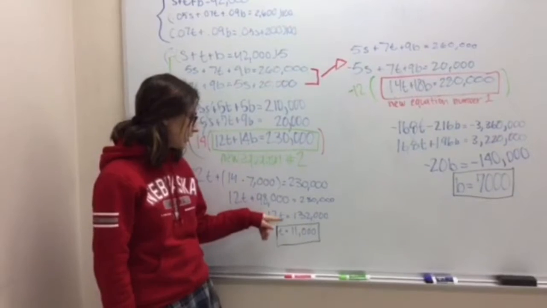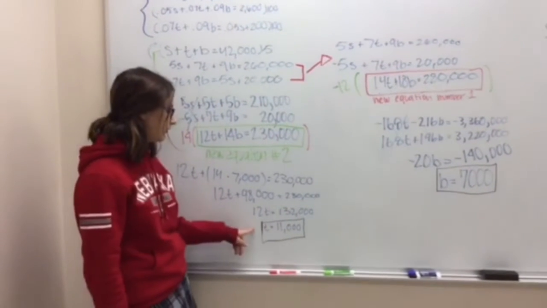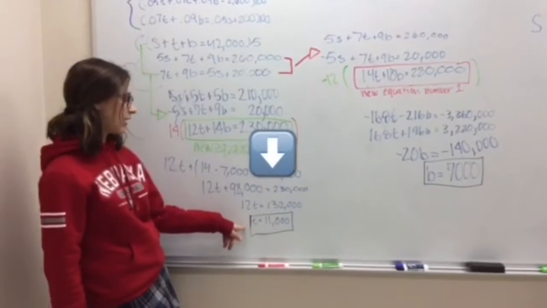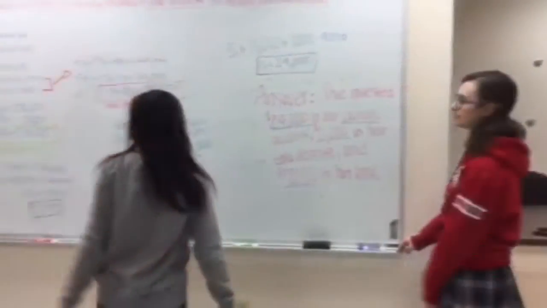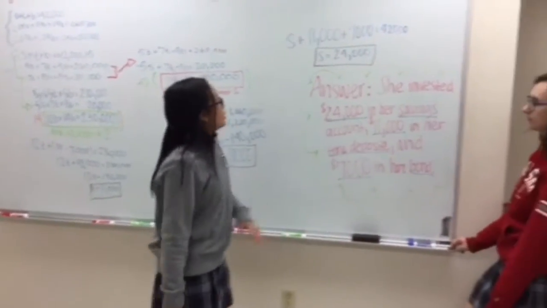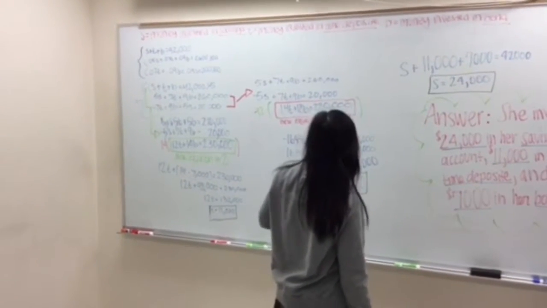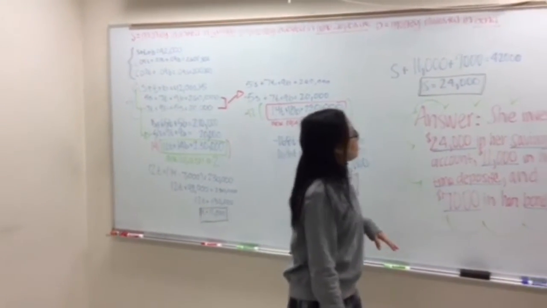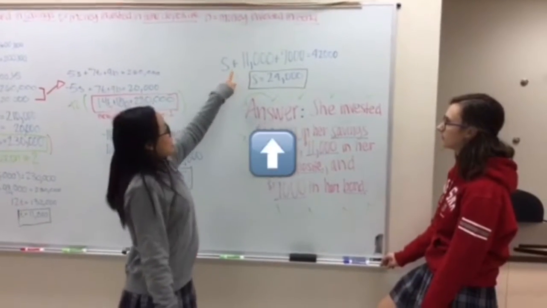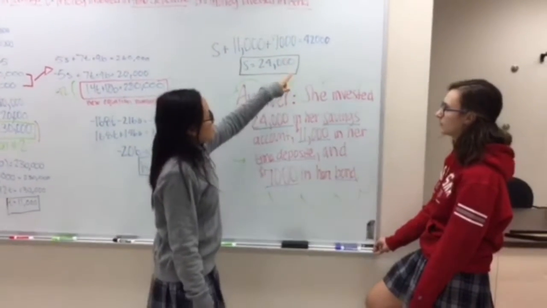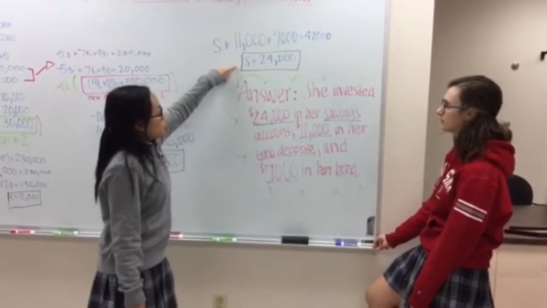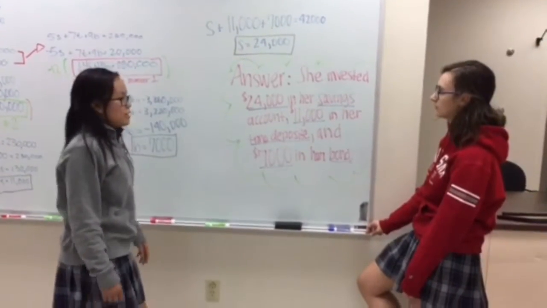Then we get 12t equals 132,000 for a final answer of t equals 11,000. Alright, so since you already found out what t and b were, you can plug it into your first equation, which was s plus t plus b equals 42,000, and you would subtract 11,000 and 7,000 from 42,000 and get a total of 24,000 for s.